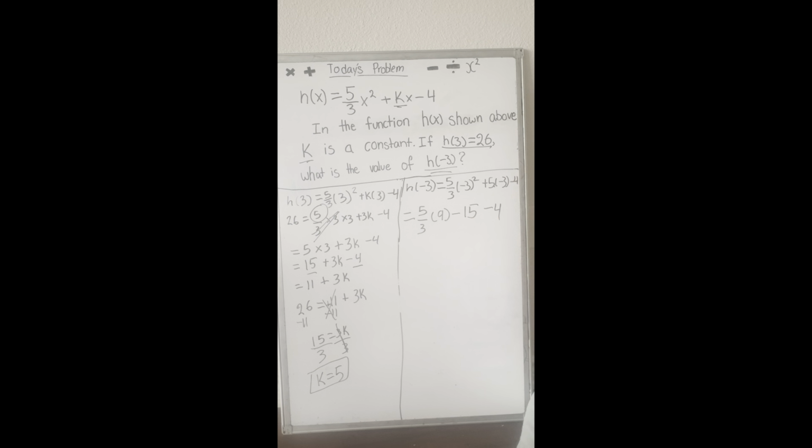Now we're going to get rid of this fraction because, as I said before, fractions are just going to make your life a whole lot harder. First we want to get rid of this divided by 3 right here. So we're going to multiply this entire thing by 3 divided by 3.